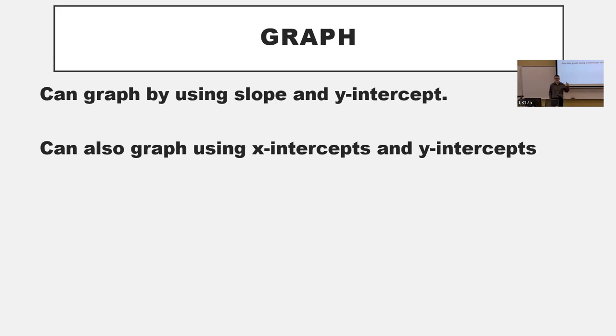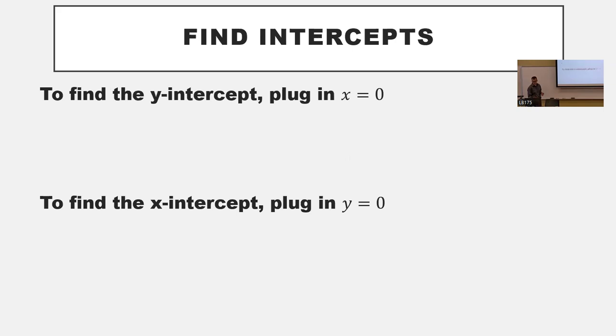If it's a straight line, it's not going to cross the x-axis at more than one spot. But this is another way people use to graph. It's basically find the x-intercept, find the y-intercept, and then plot it. And then connect the two dots, basically.